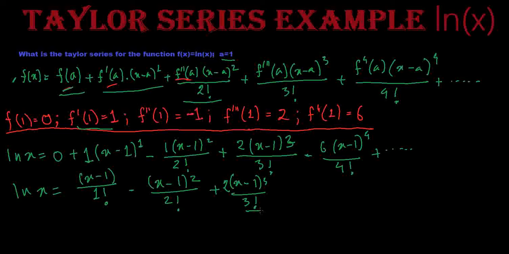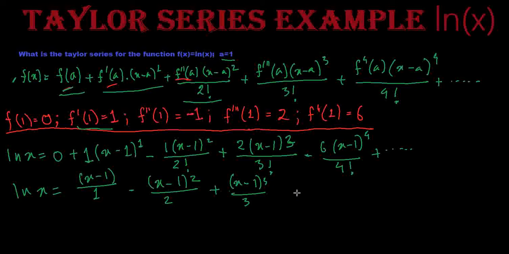So we can write the 3 factorial as 3 times 2 times 1. The 2 and 2 get cancelled away, so the denominator will be 3. So we can just write 3 here instead of the 3 factorial. And 2 factorial is 2 times 1, that is 2, and 1 factorial is also 1. So instead of 1 factorial and 2 factorial, we can write 1 and 2.